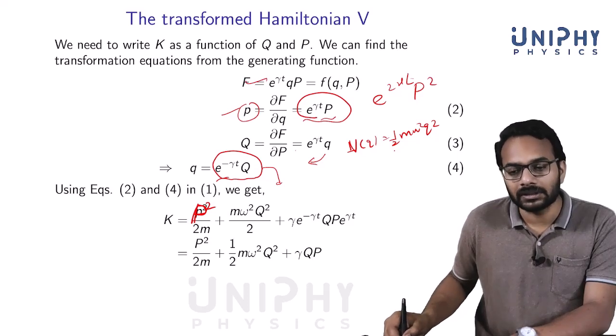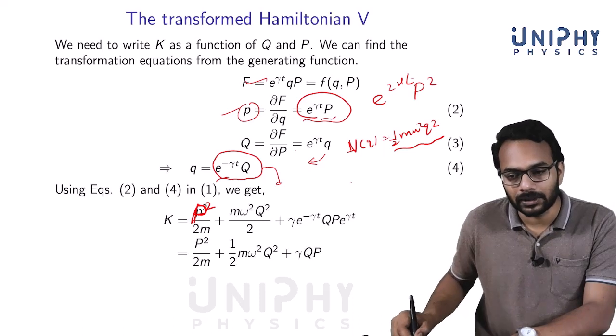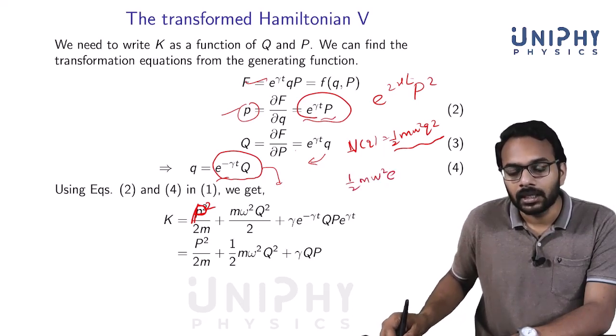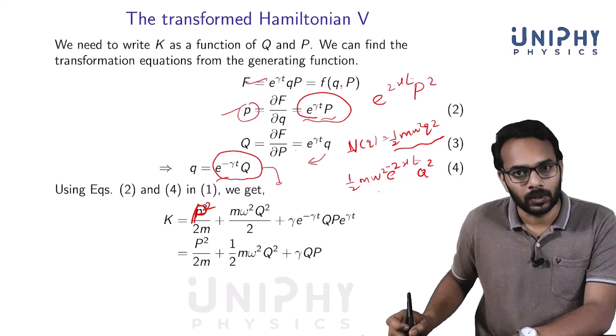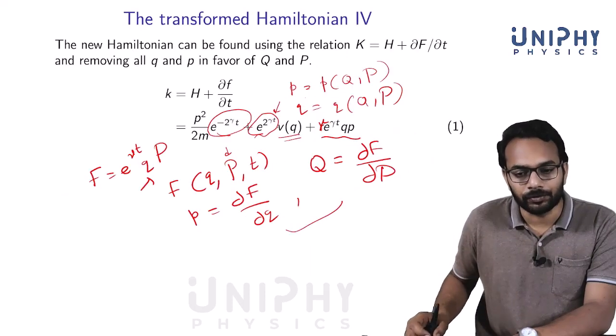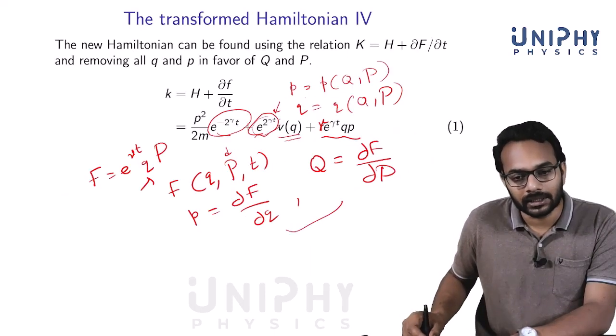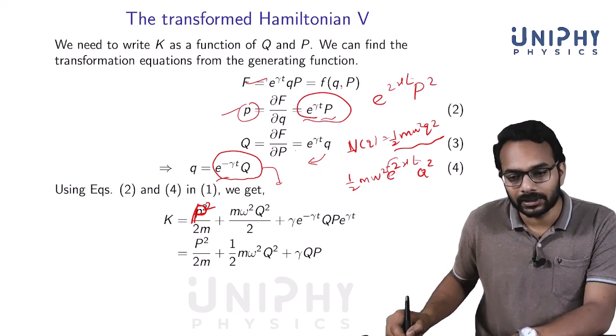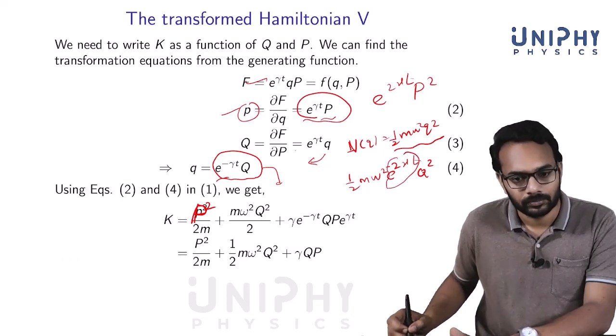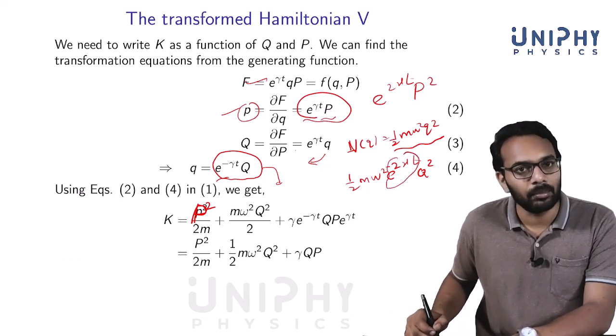V of q is half m omega square q square, and in terms of capital Q, that's half m omega square e raised to minus 2 gamma t capital Q square. Then you have e raised to 2 gamma t here, that will cancel with this e raised to minus 2 gamma t, and you will simply get m omega square Q square divided by 2.